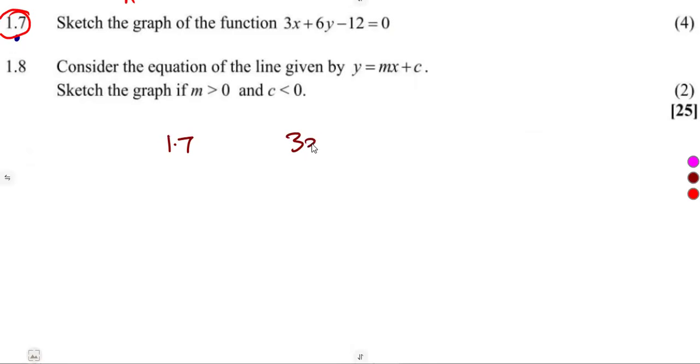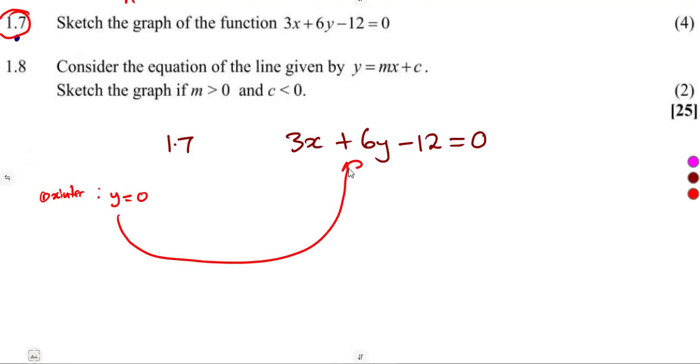All right, 3x plus 6y minus 12 is equal to 0. That's our given function, a linear function. So what is the x-intercept? All right, so we're going to find the x-intercept. Remember, for the x-intercept, y is equal to what? To 0. So when y is equal to 0, substitute into the equation, then solve for x.